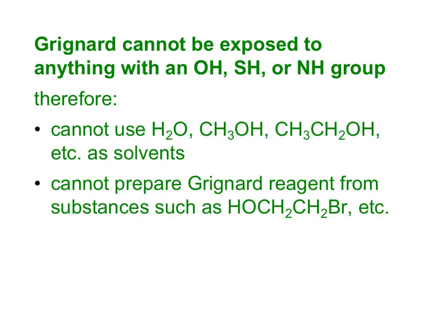Our Grignard reagent can't be exposed to anything protic, a hydrogen bound to an oxygen, a hydrogen bound to a sulfur, a hydrogen bound to a nitrogen. So that means we can't have those things in our solvents, right? And we can't have them as other potentially interfering groups in the compounds we are using to generate our Grignard.